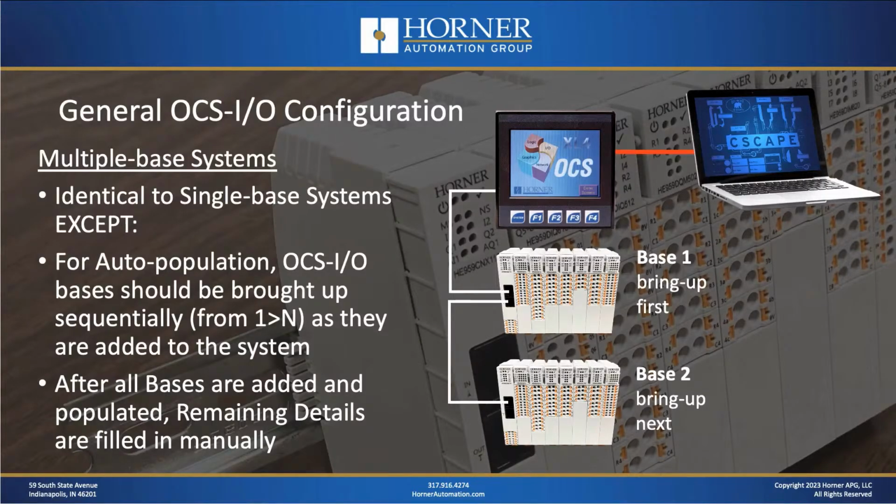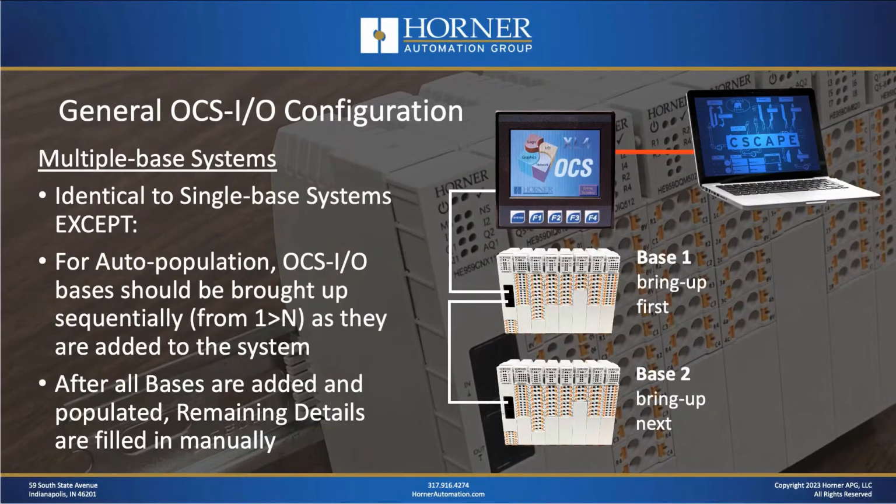With a multi-base system, if you want to take advantage of auto-population, then you will bring up one base at a time, starting with the base that you want to be considered the first base, or usually base 1. Okay? So you'll get your Cscape talking to your OCS controller. It'll be connected to the first base, whatever you consider the first base.